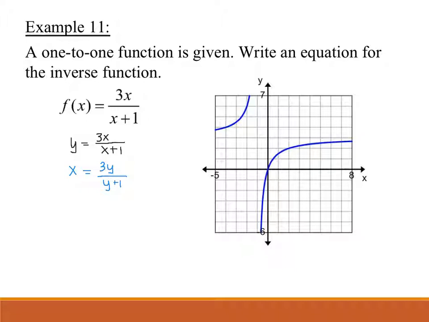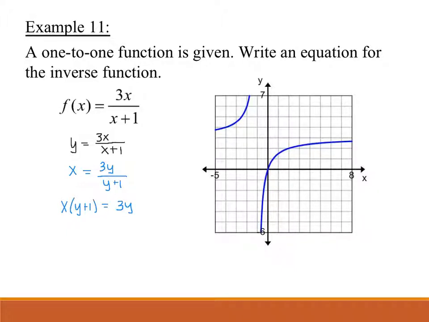Now we're going to multiply both sides of the equation by y plus 1. We get x times (y plus 1) equals 3y.